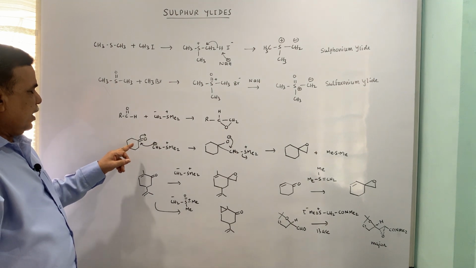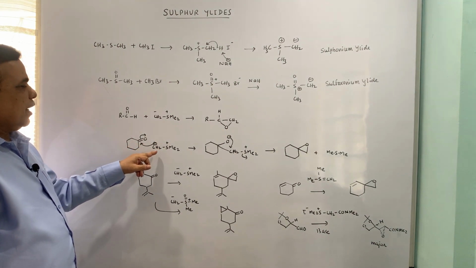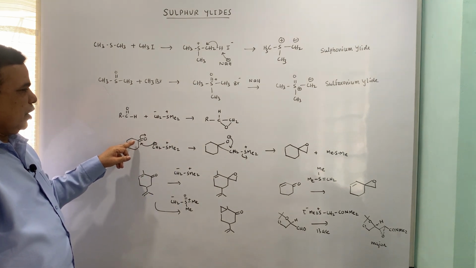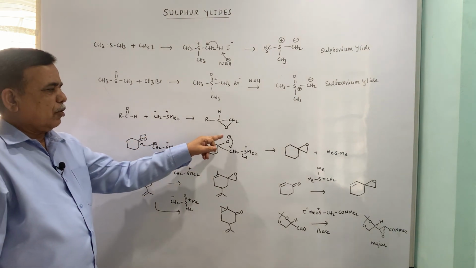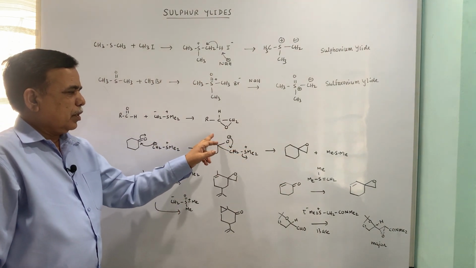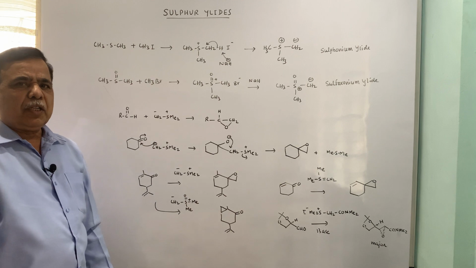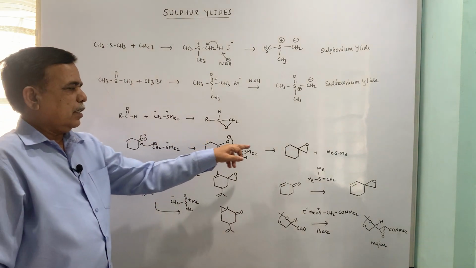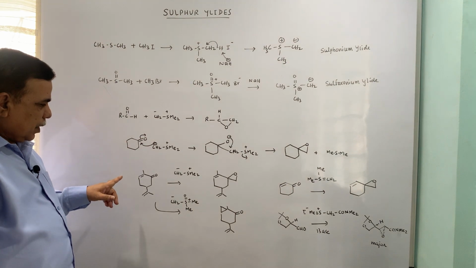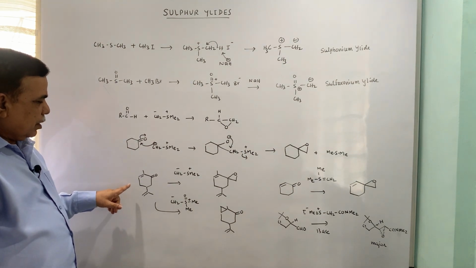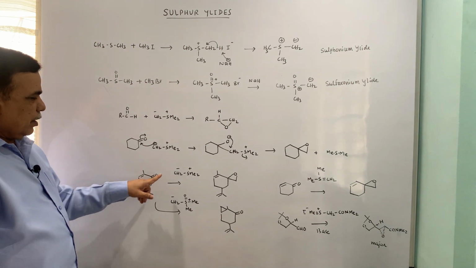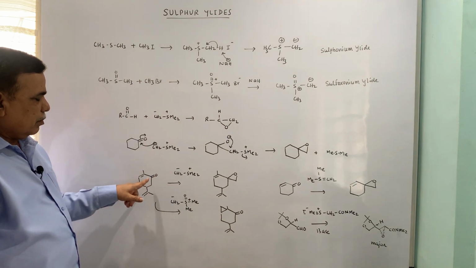So initially the nucleophilic attack of the carbanion occurs at the electron deficient carbon, then you get alkoxide ion, and then this is a good leaving group that goes out as a neutral molecule, dimethyl sulfide, and you eventually get the epoxide from this.